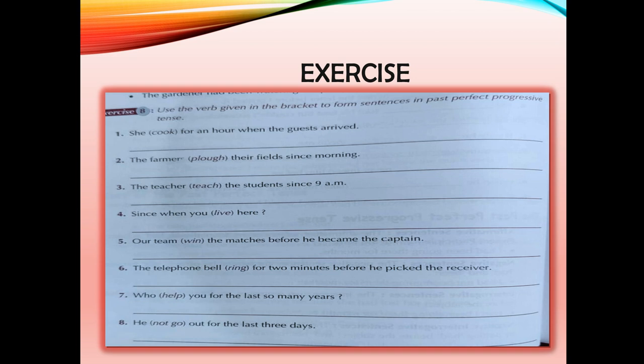So that is the format of this past perfect progressive tense. Let's see first example. She cooked for an hour when the guests arrived. Now the answer would be she had been cooking for an hour when the guests arrived.